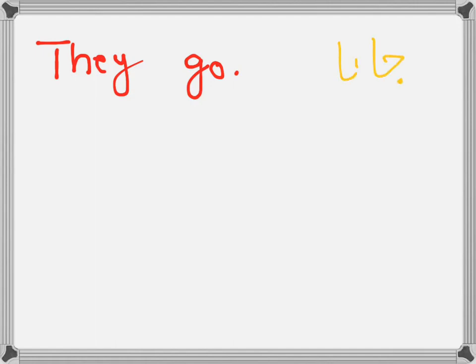Similarly, let's suppose we say they go. Go is a verb for jana. Jana is the main verb. So for male, we would write वो जाते हैं.